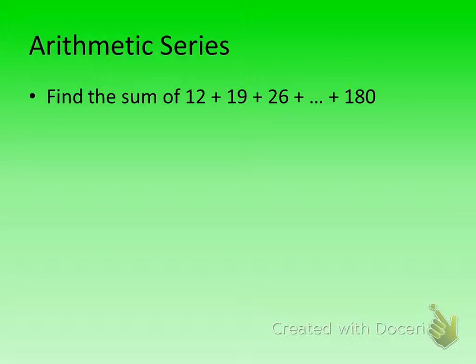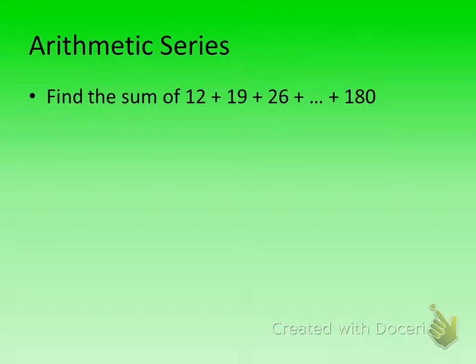Okay, so we're going to find the sum of the sequence 12 plus 19 plus 26 plus a whole bunch of terms that I don't feel like listing, plus 180. Now you know some things.